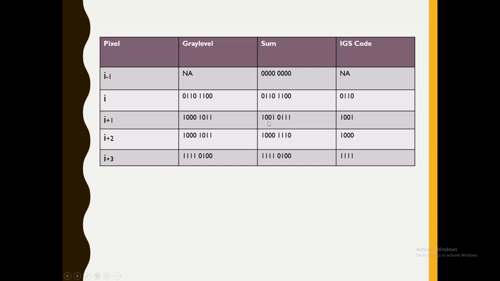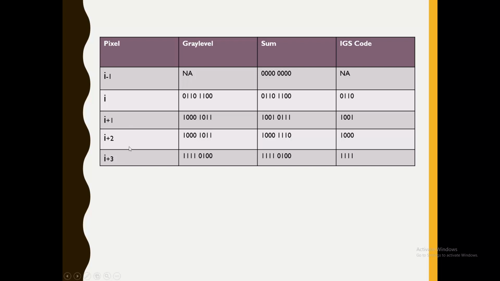Again we use the same four most significant bits, so the summation's four most significant bits are 1001. Similarly for the I plus 2 pixel value, we add this one and this one, and finally the four most significant bits are 1000.